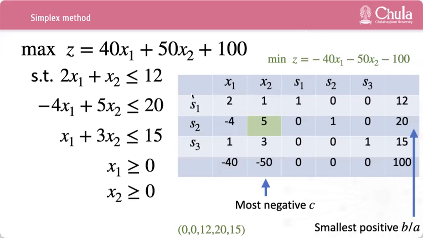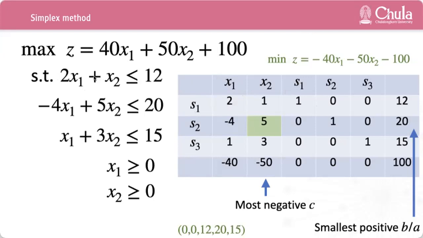Because we have 3 conditions, we need 3 basic variables, and 2 variables must be non-basic variables. We treat the non-basic variables to be 0 at the beginning. That means we set x1 to 0 and x2 to 0, and you can solve the problem.